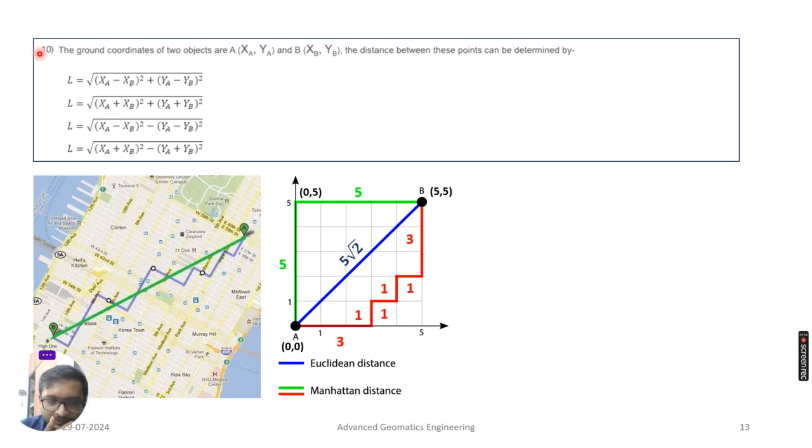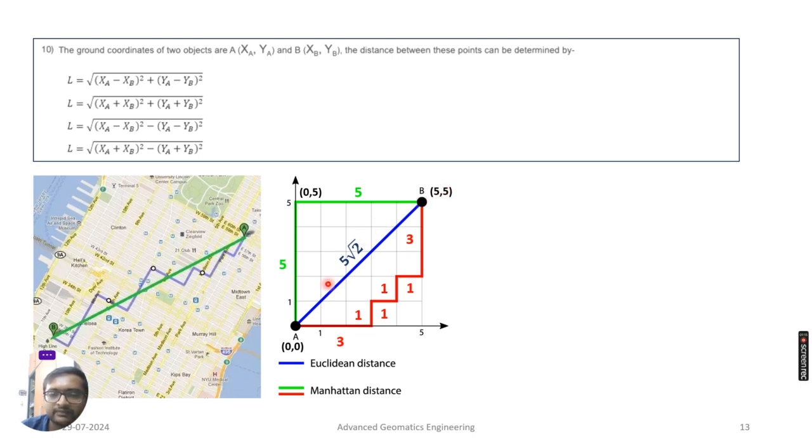Now, if we consider the modular approach, we will consider these blocks. Here in this coordinate system, every grid is at 1 centimeter distance. Point A has coordinate 0, 0 and point B has 5, 5.